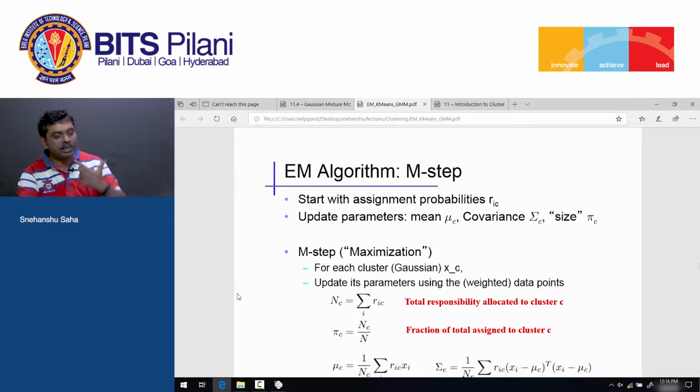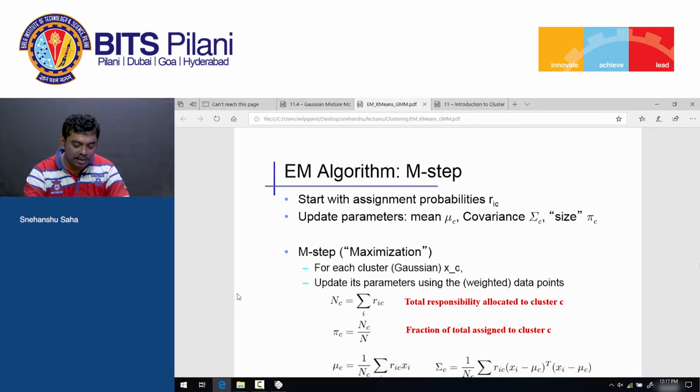So we do have these responsibility indices, which are probabilities. We start with some assignment of these probabilities, and we continue to update the parameters, which are the mean, the variance, and the size. For each step we do a maximization. The maximization operation is nothing but doing gradient ascent and the like, and each maximization step will update the parameters.